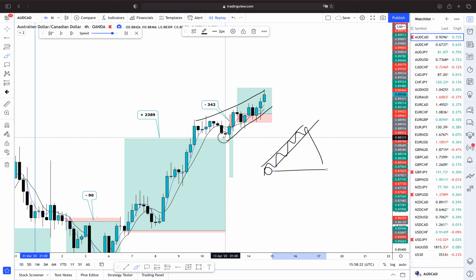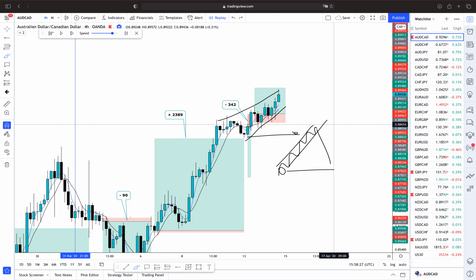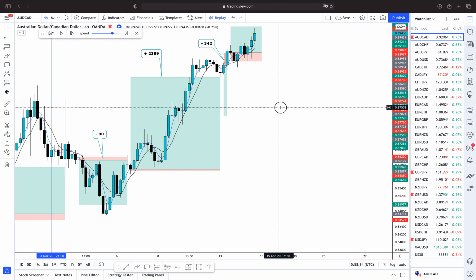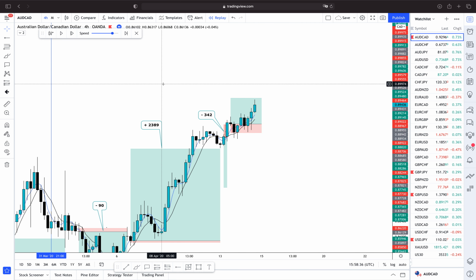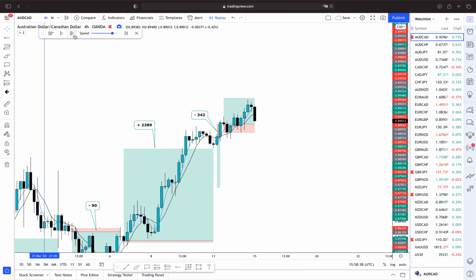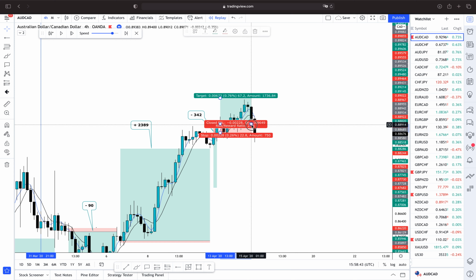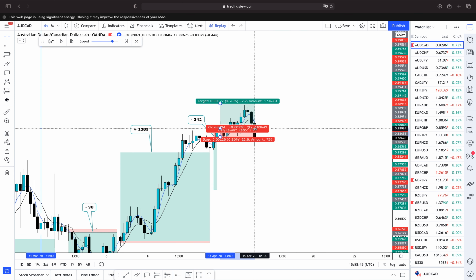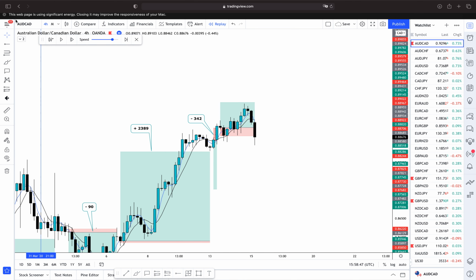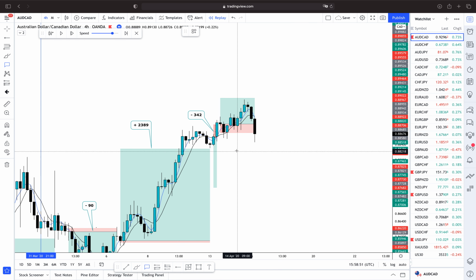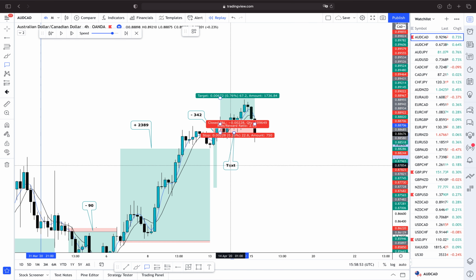So if it breaks, it will definitely come back here, or even if it has even more momentum, it will go back down to this level. So I'll move my stops aggressively. So that's what's happened. It hit my stop loss, and that was a small loss booked there of about 22 pips.